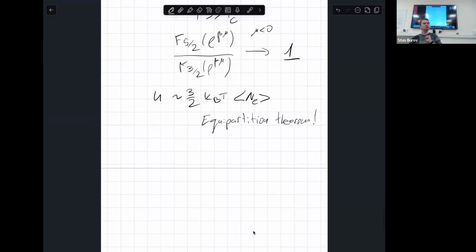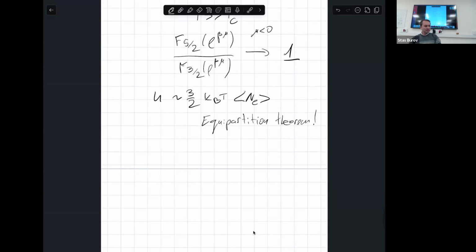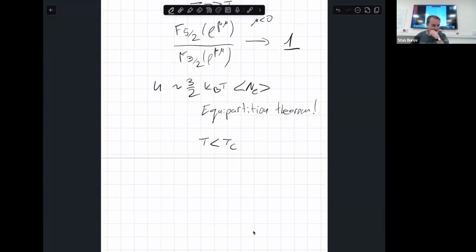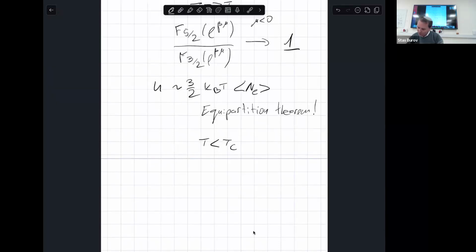What happens at temperatures which are below T_C? Let's look at this part. Below T_C, we know that U equals 3/2 k_B T N excited multiplied by F_{5/2}, and I just supplement 1 over there, divided by F_{3/2} of 1.